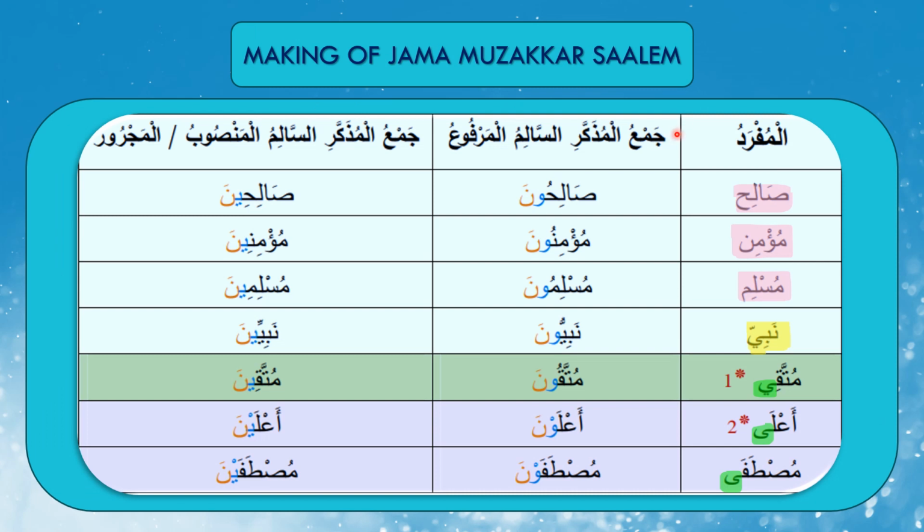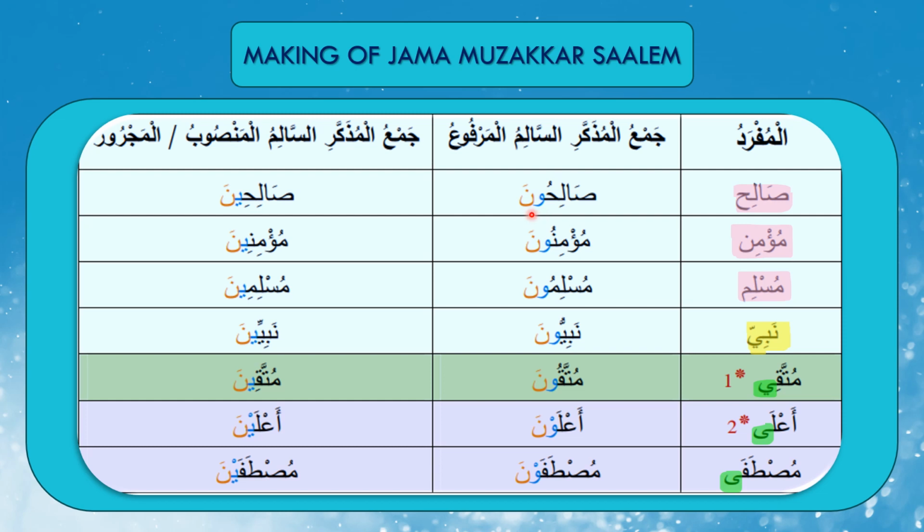In this table there are three columns. The first column is of single nouns, the second column shows the Jama muzakkar Salim of the nouns in marfu case, and the third shows the mansoob and majroor case. Here you can see the change of letters. When it's in marfu, you add waw and noon as a suffix.